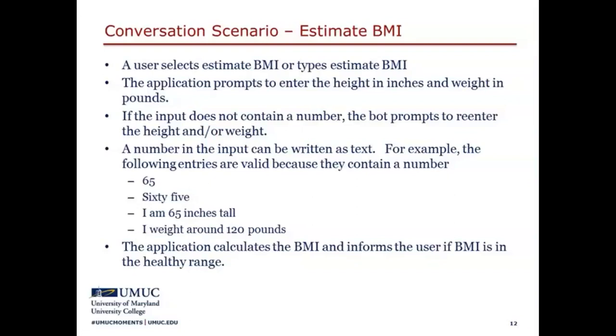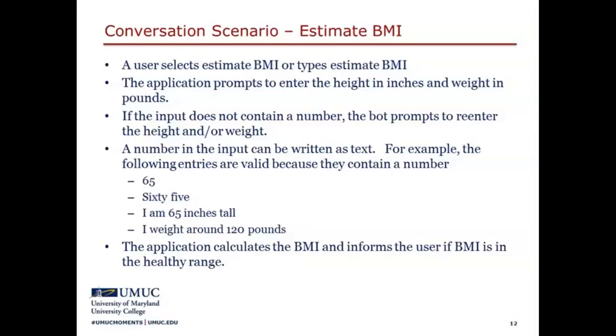So the user selects the estimate BMI option, and then the chatbot will prompt to enter the height in inches and the weight in pounds. If your input does not contain a number, you'll be asked to re-enter, right? But what does the number mean? You can enter it in digital format, 65, or you can spell it out, and it will still be recognized.